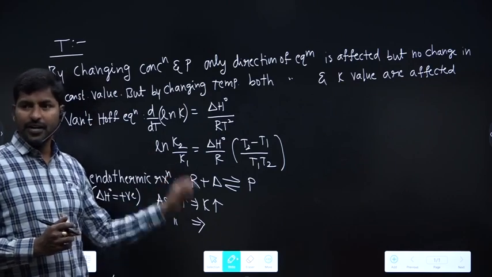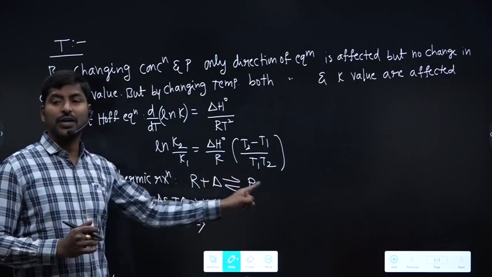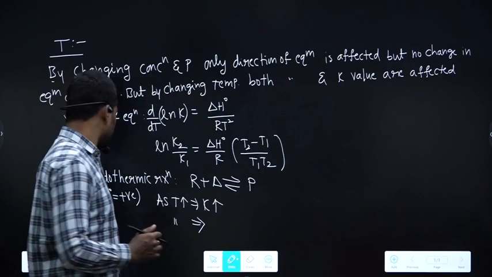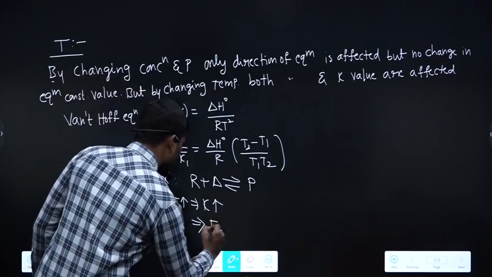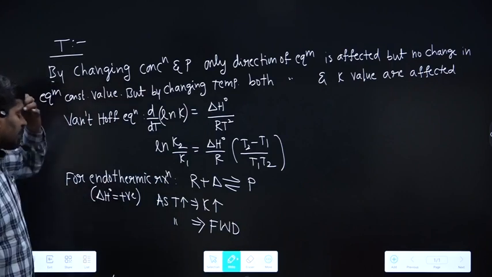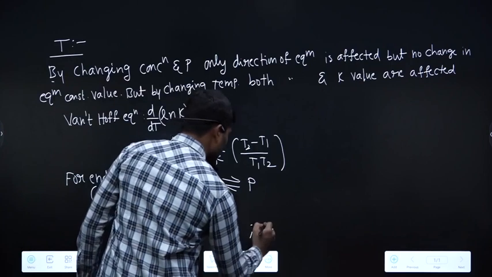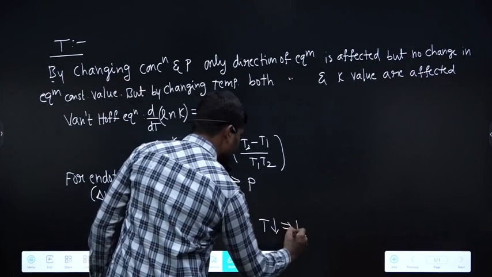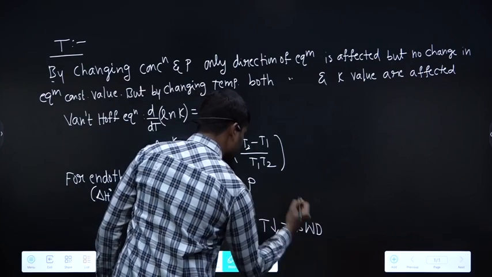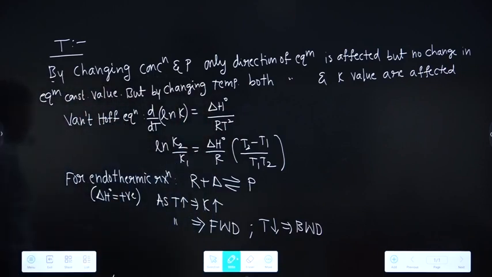In the forward direction, heat energy is consumed. So for an endothermic reaction, as temperature increases, it proceeds in the forward direction. As temperature decreases, it proceeds in the backward direction.